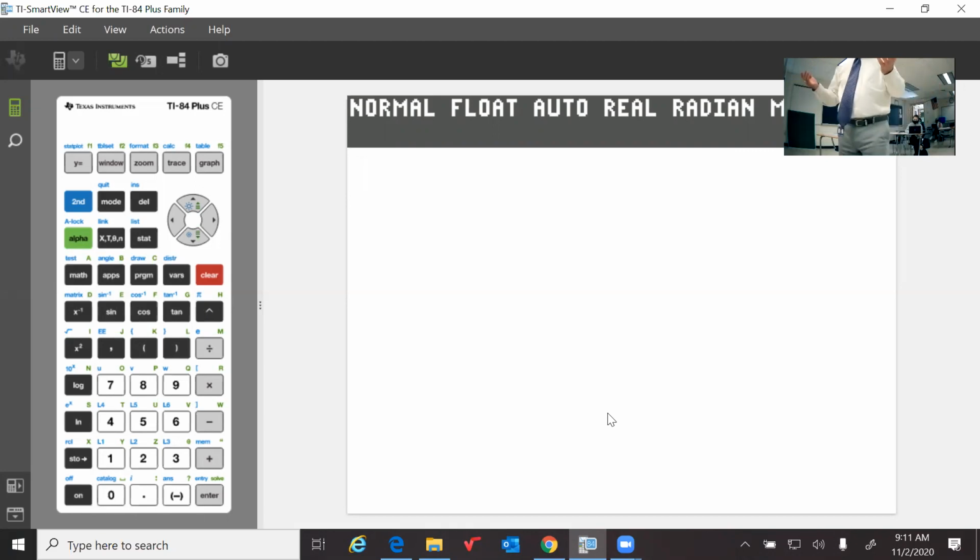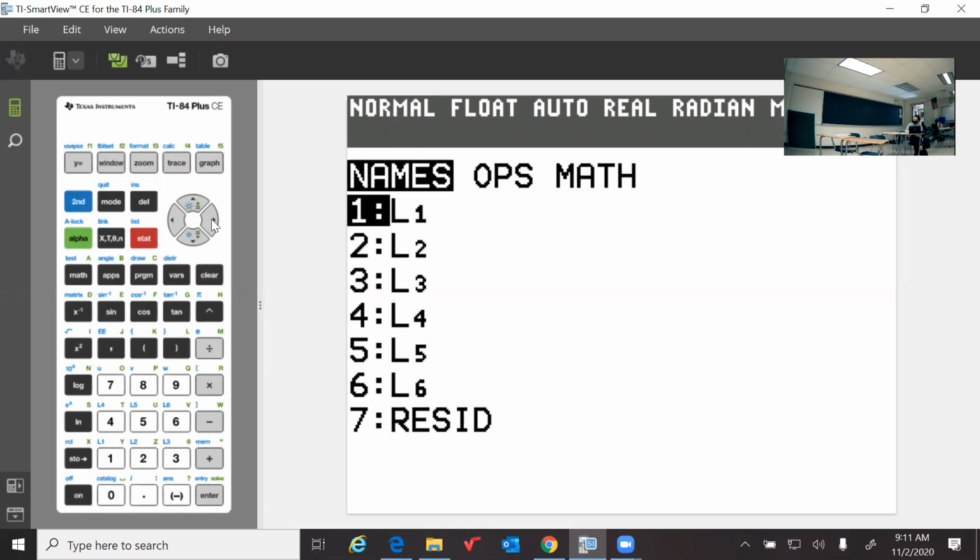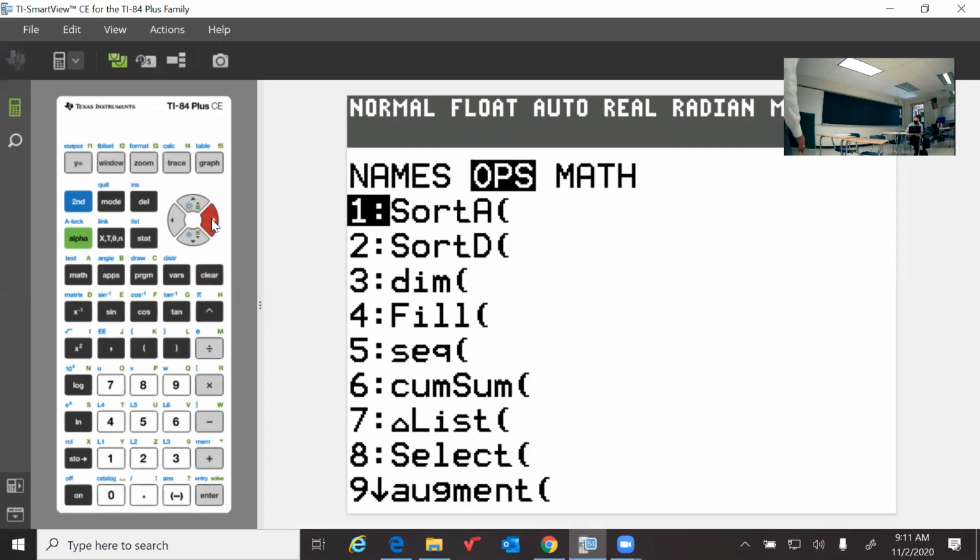from scratch. So we're here on the calculator. Second, stat, ops. We want to type the sequence, which is choice 5.